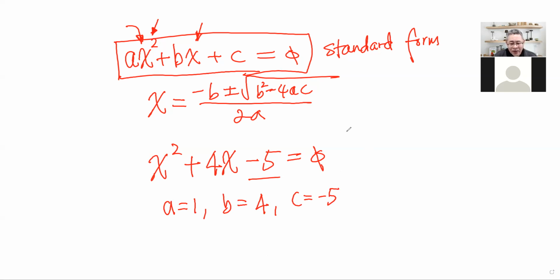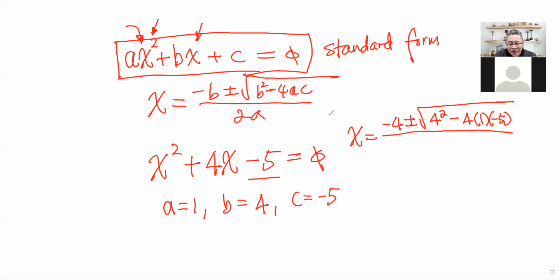All right, so how do we plug that in? You'd have -4 plus minus the square root of 4 squared minus 4 times 1 times -5, right?